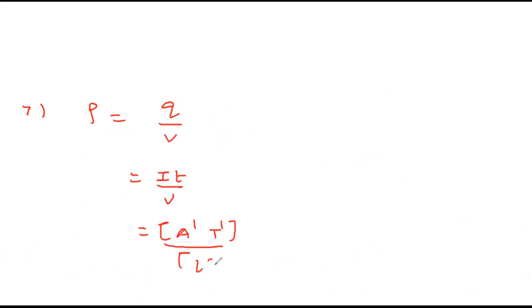Dimensional equation for the volume charge density. See, volume charge density means charge upon volume. Charge is IT upon volume. Now I means A1, time means T1, volume means L3.